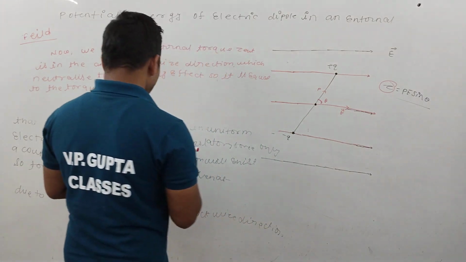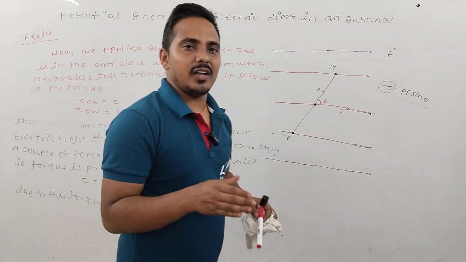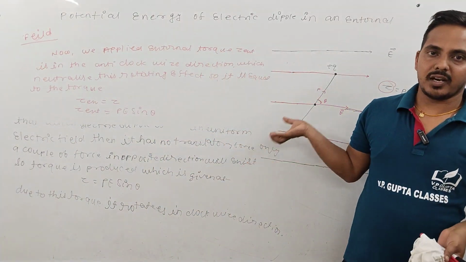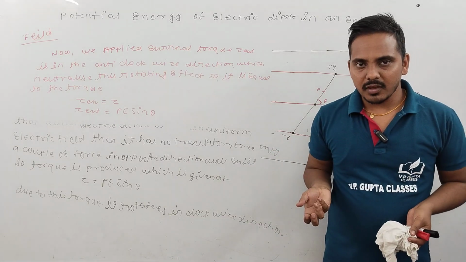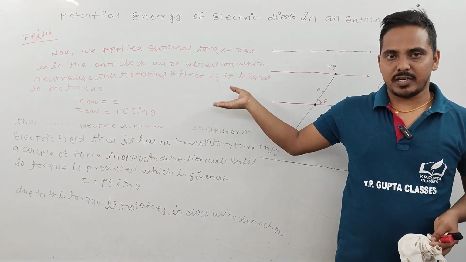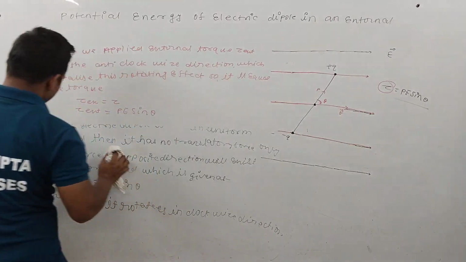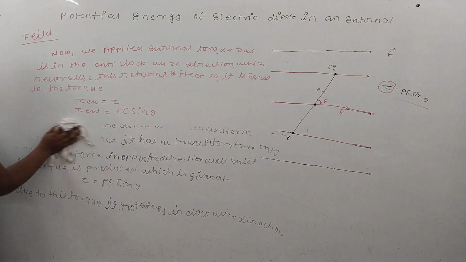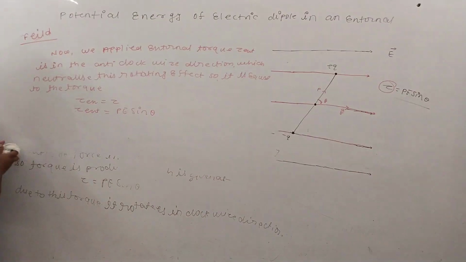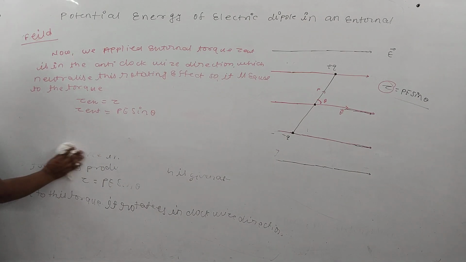Okay, now it had been explained by me how tau ext is equal to Pe sin theta.